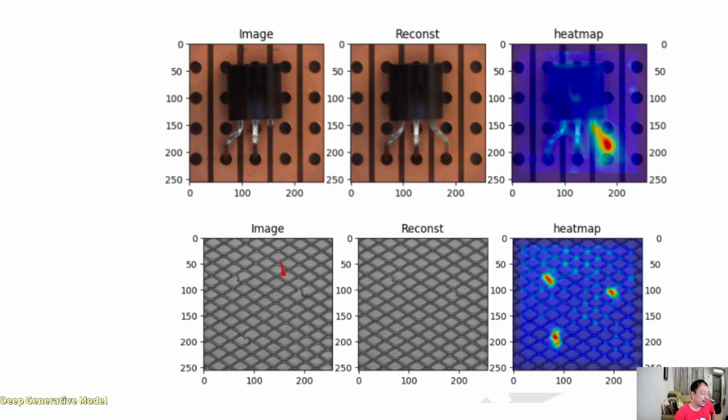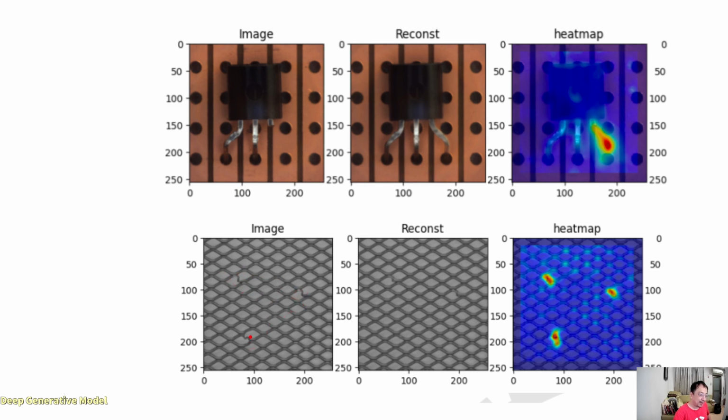This one is another typical case where the anomaly is not that easy to find. It's also very small. But you can see, at least from the heat map, that there's something different right here. The supposed normal pattern of this thing should be more regular, more like a grid right here. So definitely this one is an anomaly, and of course this one is an anomaly.